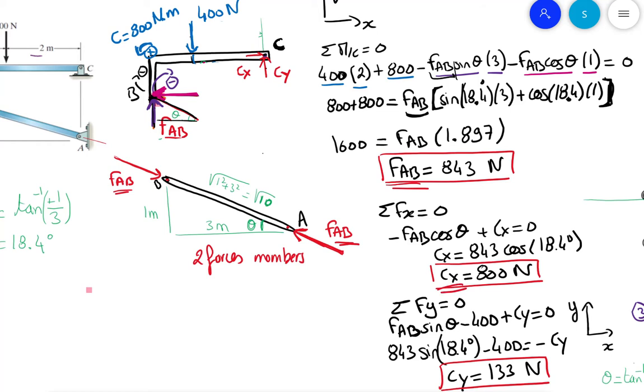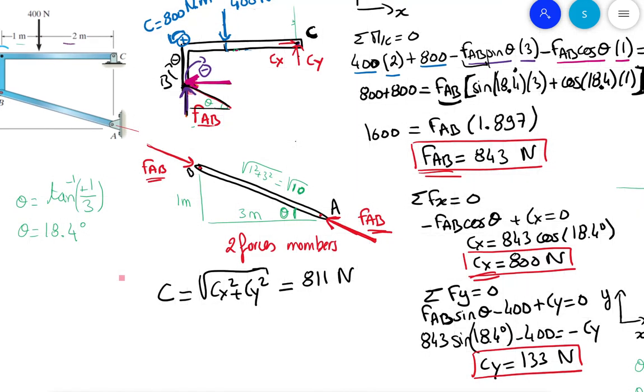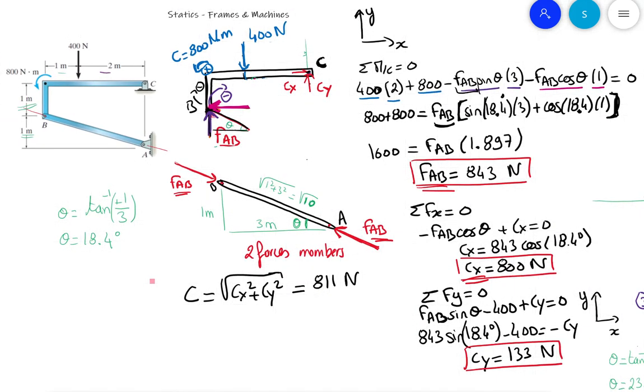If you want to find the magnitude of C, you do the square root of Cx squared plus Cy squared, so 800 squared plus 133 squared, and then the square root is equal to 811 Newton, the magnitude inside the pin C. That's it for this example.